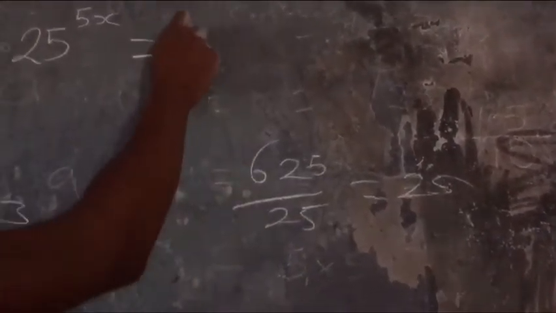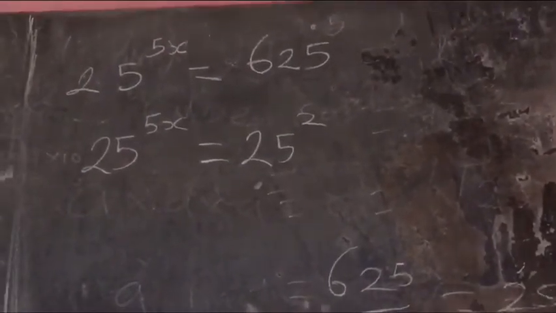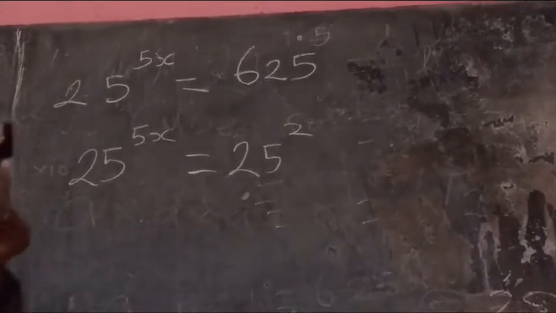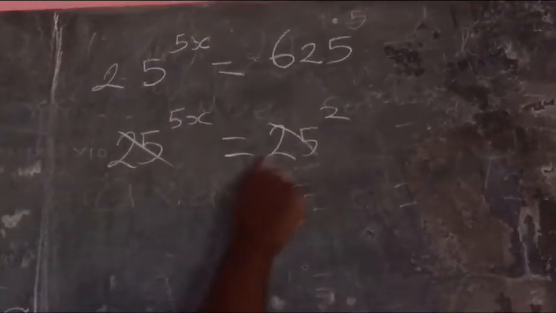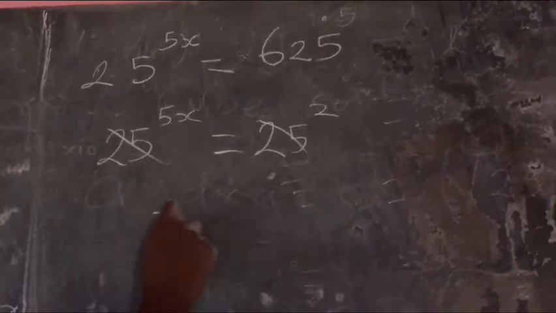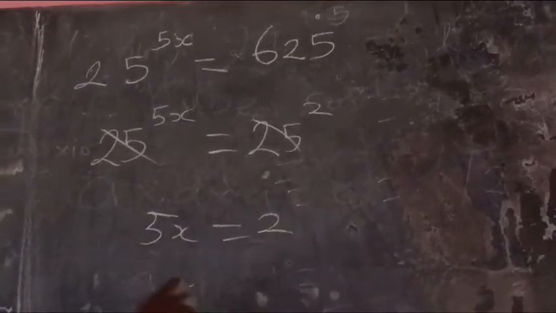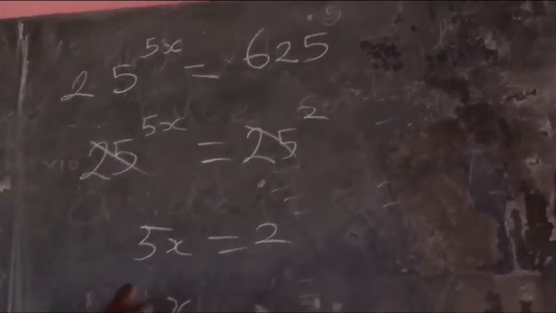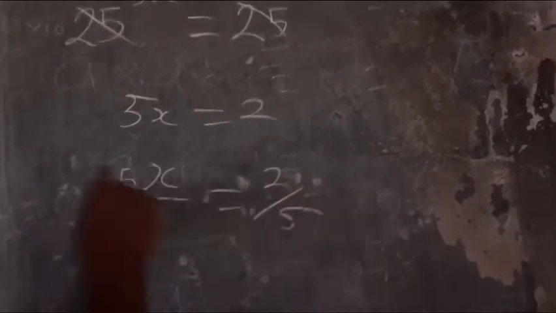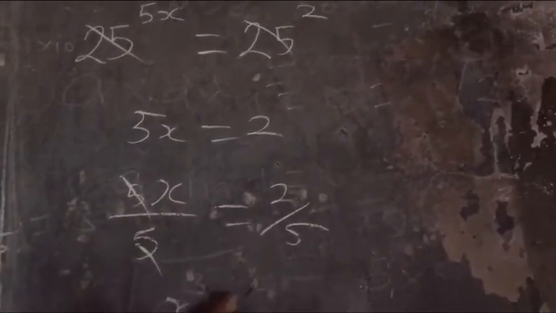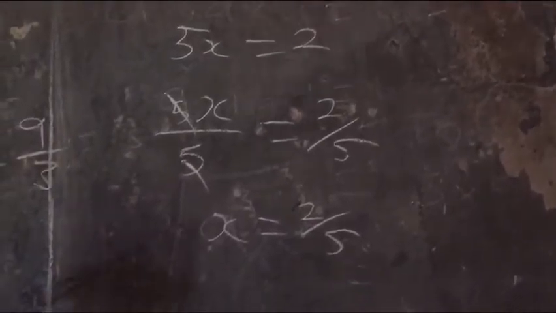So that means 25 squared is what I get here. Then the base can cancel, so I have 5x is equal to 2. And I'll divide both sides by 5. My x is equal to 2 over 5. That's another way to do it.